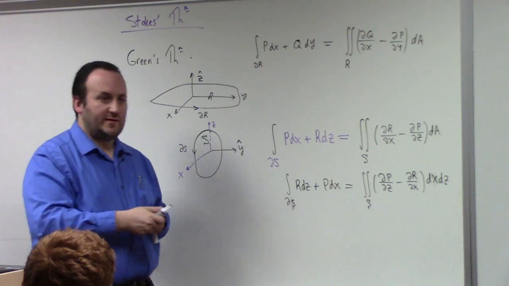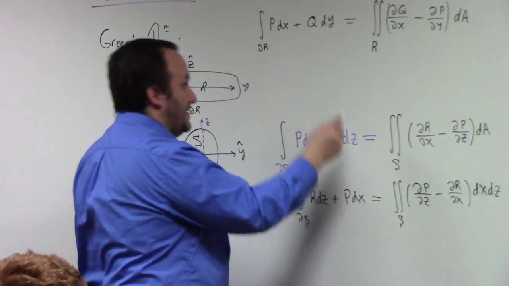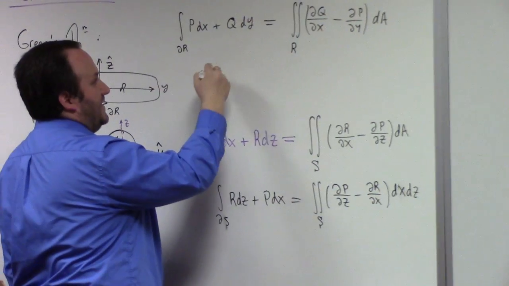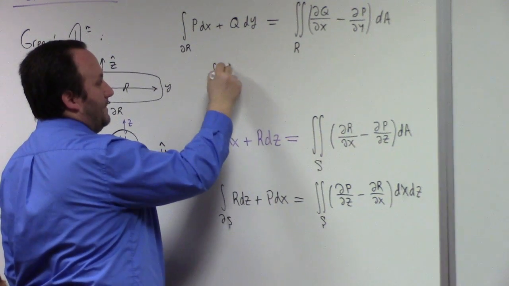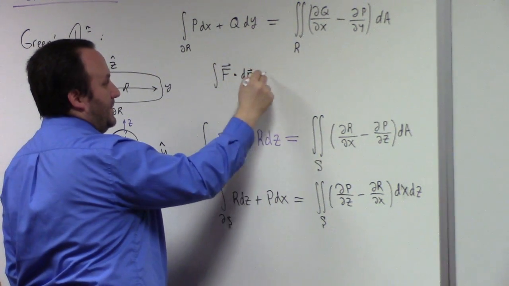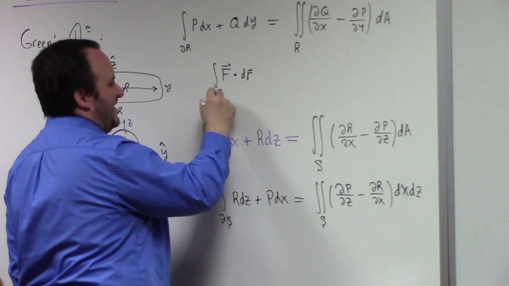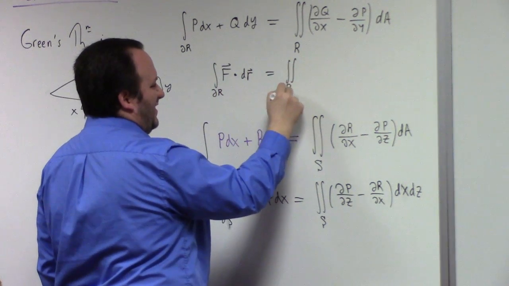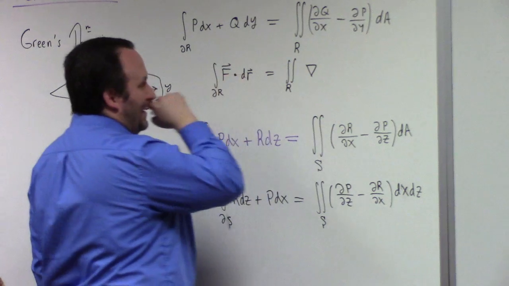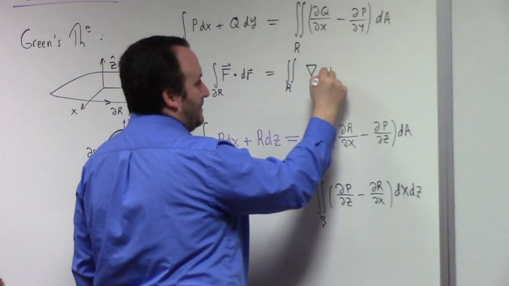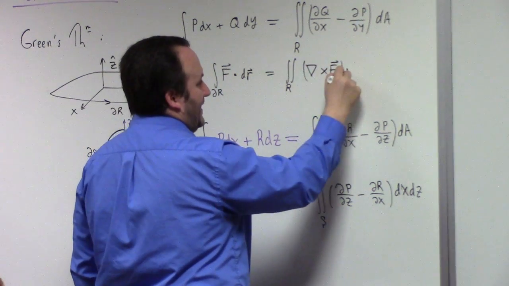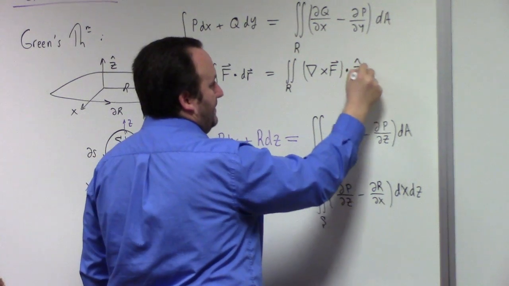But the larger point here is that in both cases, in this case, we're looking at the integral of F dot dr over the boundary of R is equal to the integral over R of the curl of F dot z hat dA.